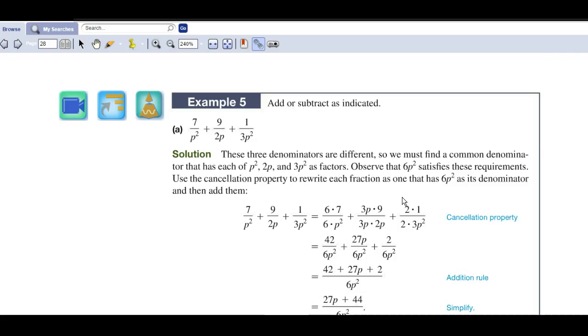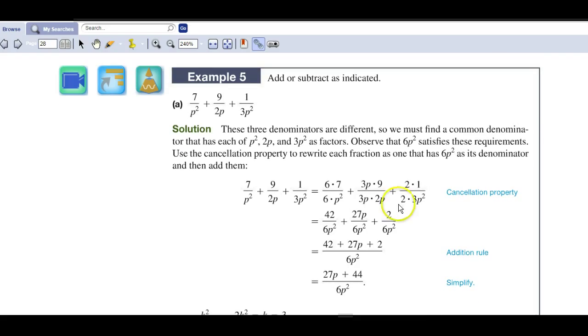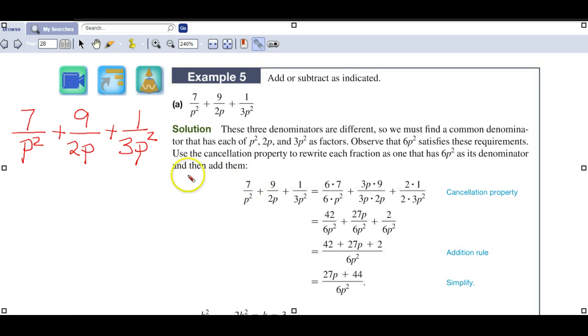Now here, this is where it gets a little challenging, so I'll set this up for you. So we're looking for a technique to add fractions when the denominator is not the same. So what we have to determine by looking at these denominators, what is my least common denominator?